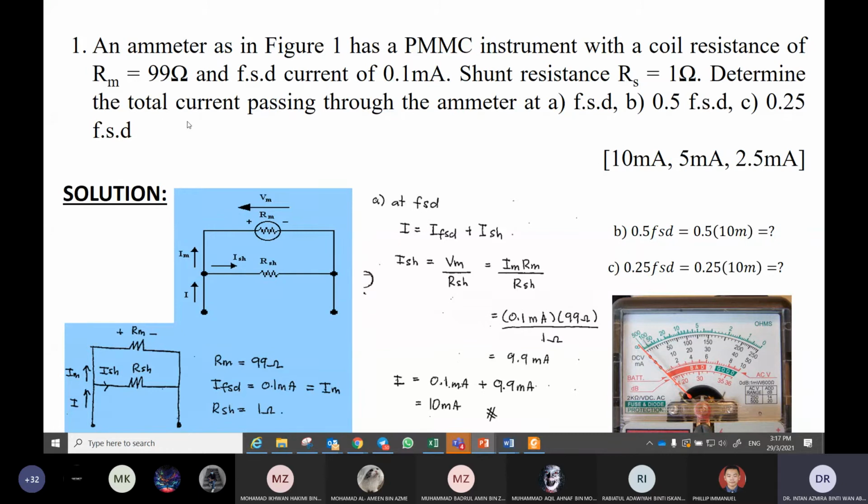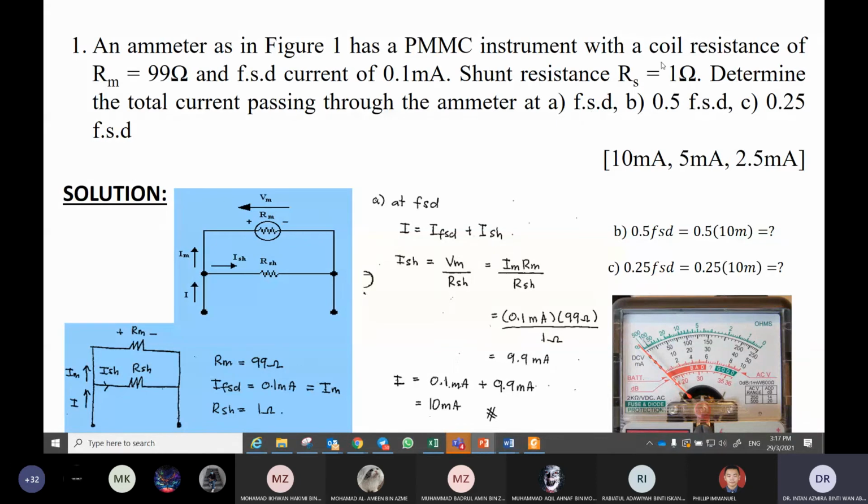Determine the total current passing through the ammeter, meaning that I here. A, at full scale deflection; B, 0.5 full scale deflection; C, 0.25 FSD. So at A, FSD means 100% of full scale deflection.